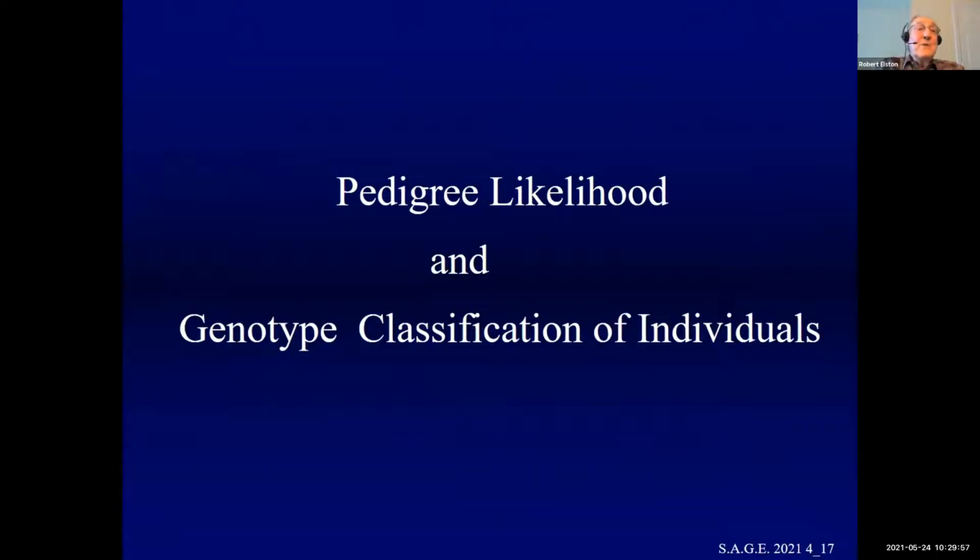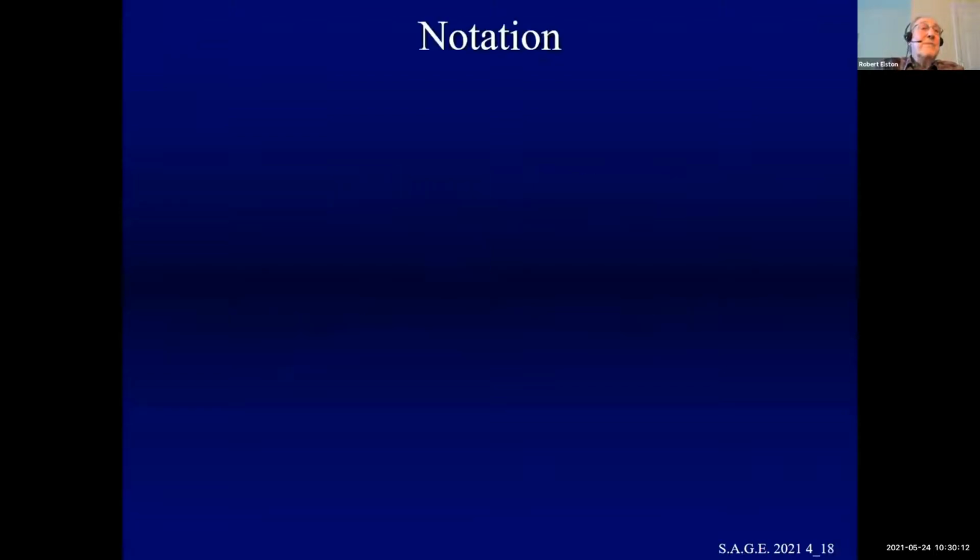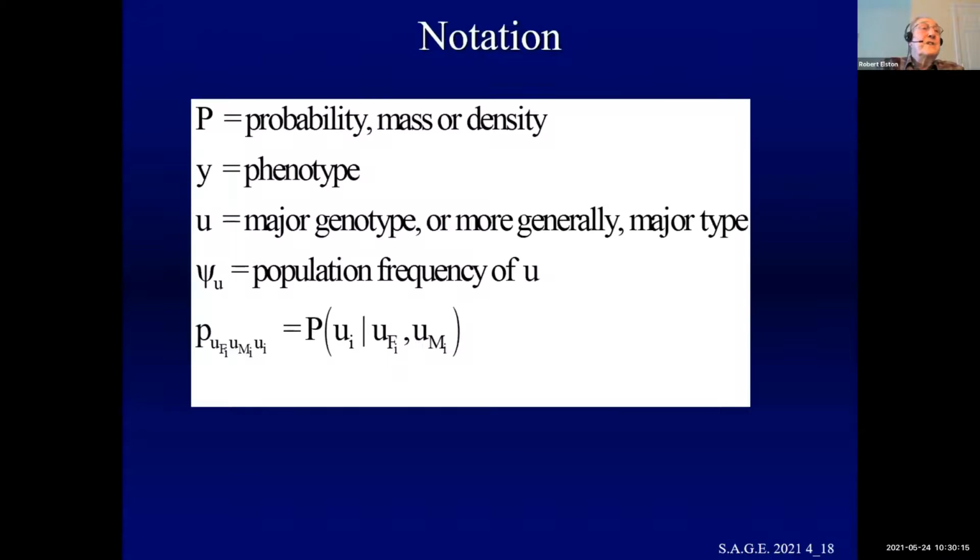Now, this is the bit I want to talk to you about: pedigree likelihood and genotype classification of individuals. This is the stuff I'm going to talk about after reading the Elston-Stewart paper again carefully and deciding what's going on in my mind. First of all, we need some notation. Let P be the probability, mass or density, Y the phenotype, U a major genotype, or more generally, remember, a major type, but under a genetic model, it is a major genotype.